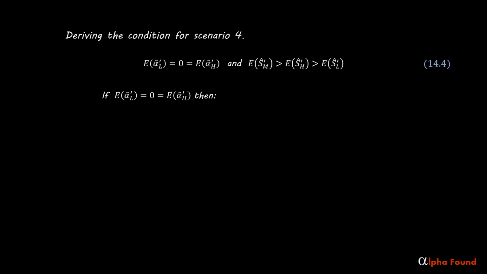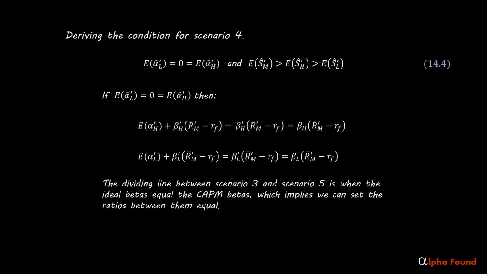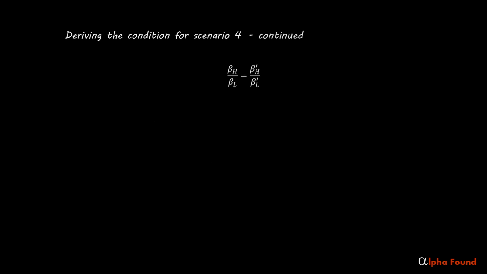If the expected alphas are 0, then the CAPM form as we know it drops the alpha term, and this is still equivalent to the ideal form, which means the dividing line between scenario 3 and scenario 5 is when ideal betas equal CAPM betas, which implies we can set the ratios between them equal and expand the CAPM betas.